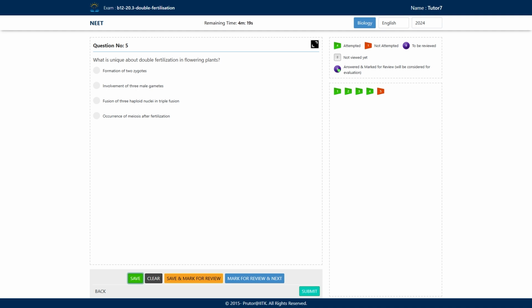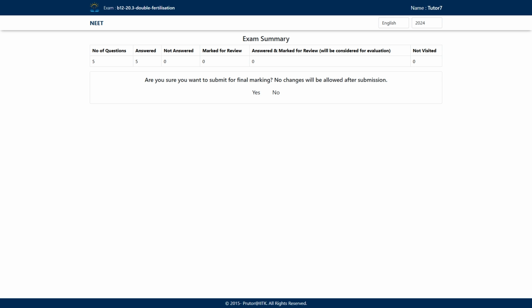Fusion of three haploid nuclei in the triple fusion is the unique feature of flowering plants called double fertilization, and it is a part of double fertilization. So, we will opt for option 3, save it and submit our test.